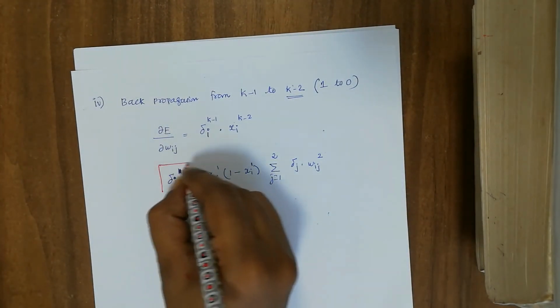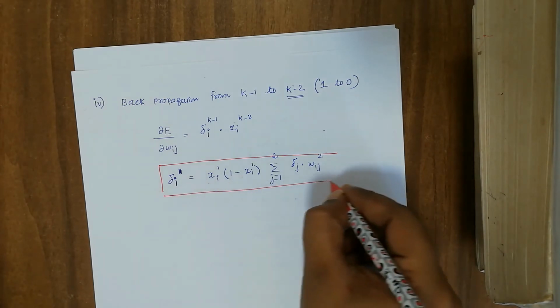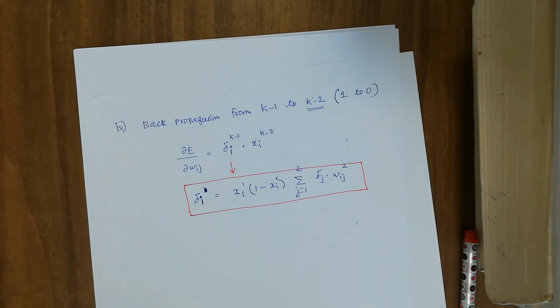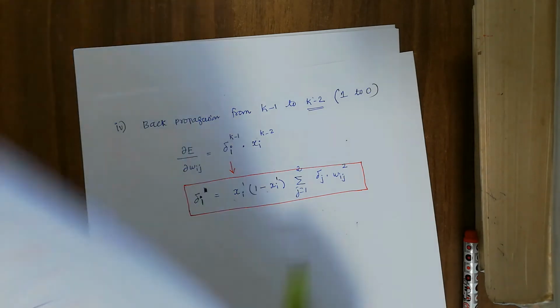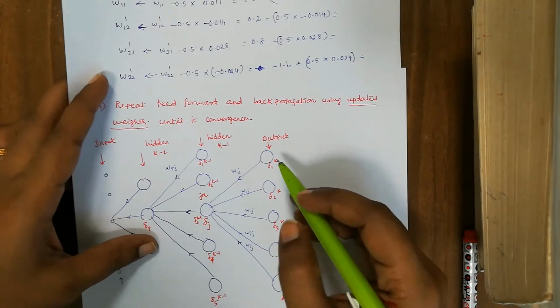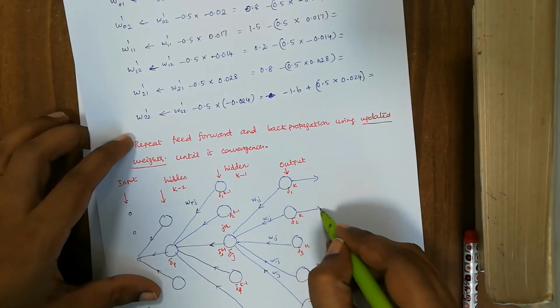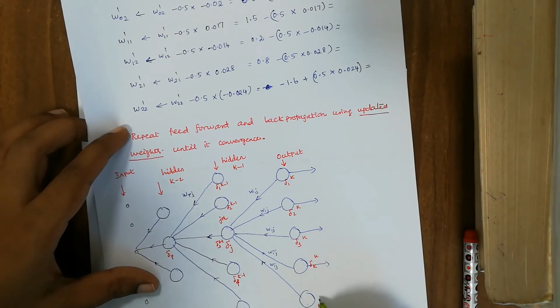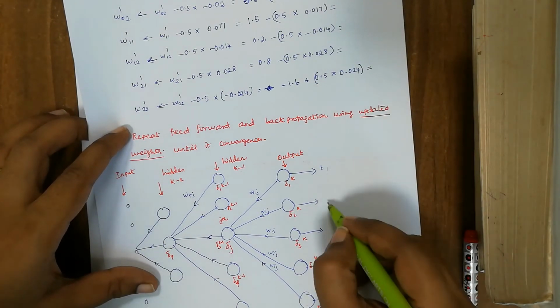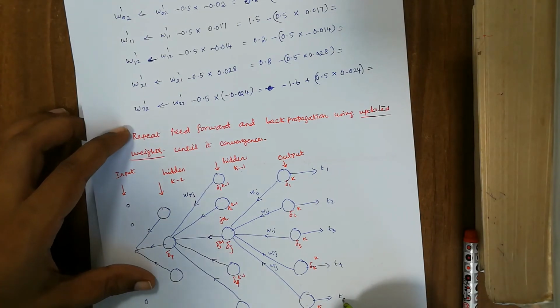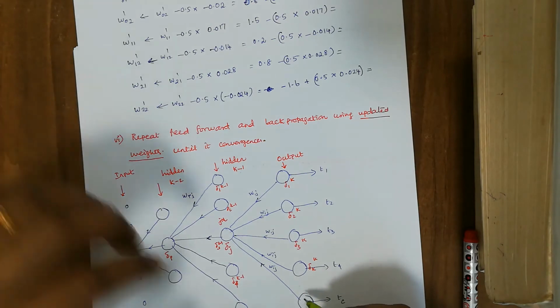This weight updation rule is slightly different from what we have used previously. The actual idea is, look at this: the output layer has target values, which are T1, T2, T3, T4 and then TC if there are C neurons in the output.